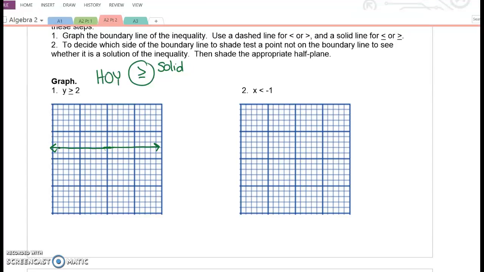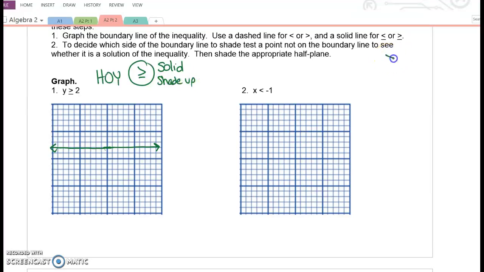In these step-by-step instructions, it says to decide which side of the boundary line to shade, you need to test a point. Pick a point on one side of the boundary line and test it. If it's a solution, shade that side. If it is not a solution, shade the other side. So we can do that, or greater than, bigger, shade up.